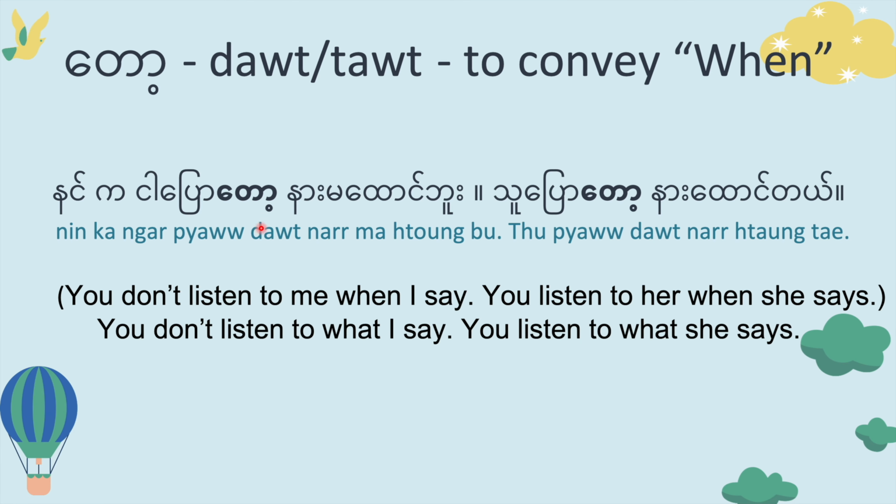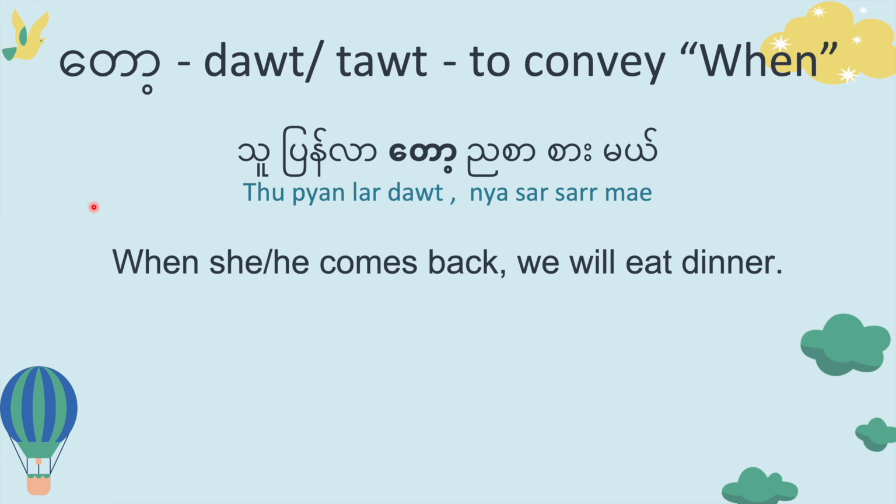You don't listen to me when I say, or you are not following my advice when I give it. သူပြောတော့နားထောင်တယ်, when he or she says, you listen to them. You listen to what she says.